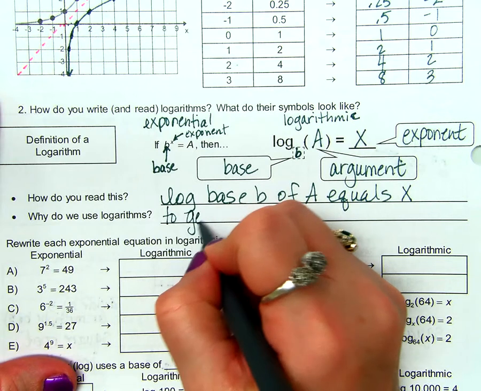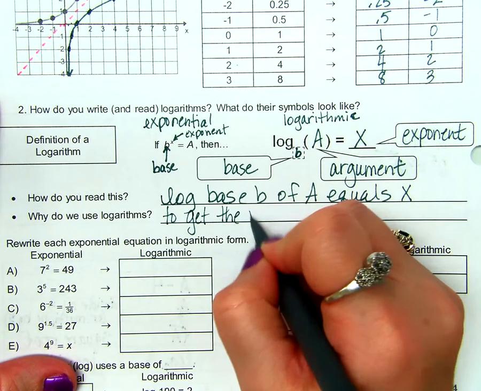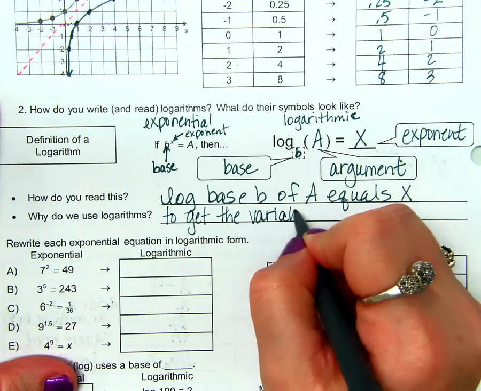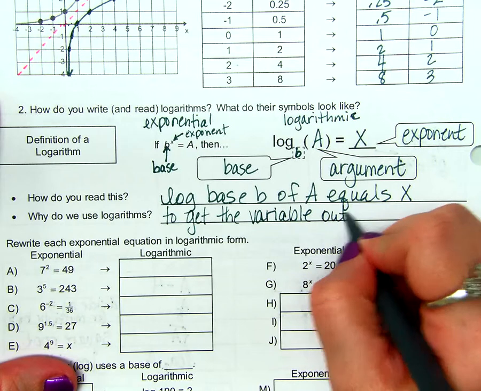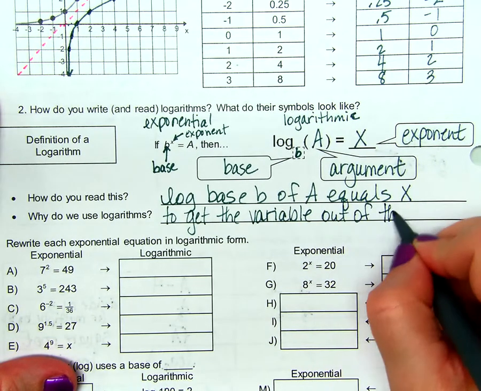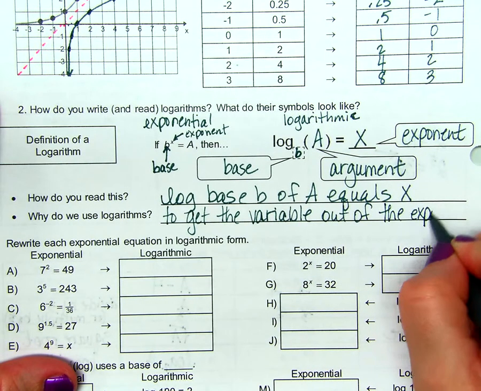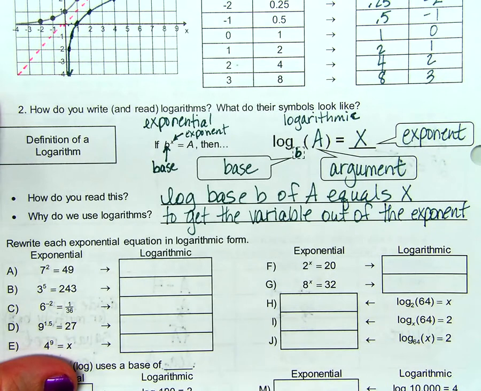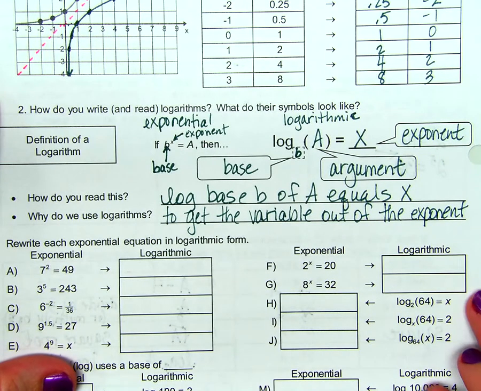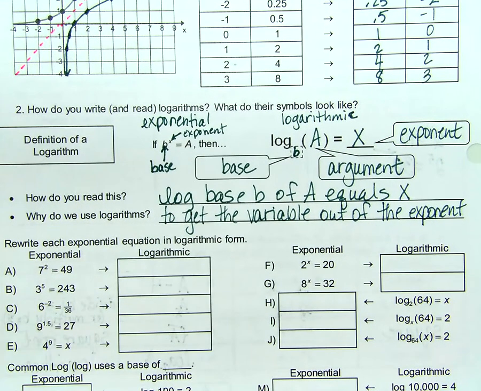To get the variable out of the exponent. Okay? Does that make sense? That's how we undo exponents, is by using logarithms.